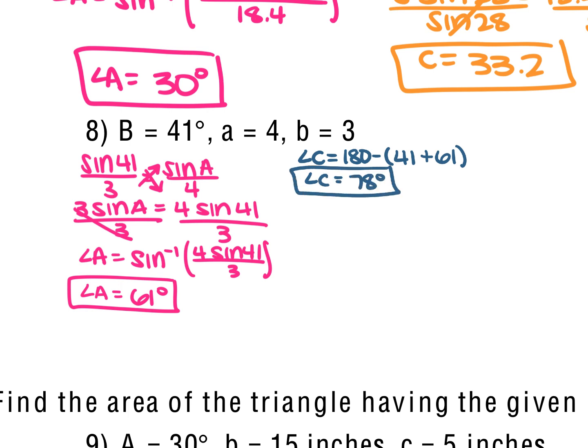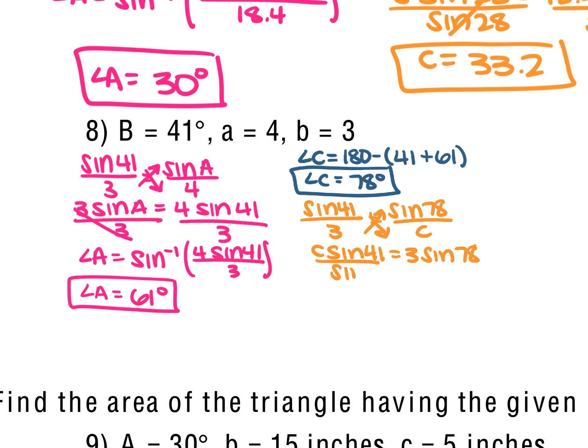And then we find side C by doing sine 41 over 3 is equal to sine 78 over C. Cross multiply, that gives us C times sine 41 is equal to 3 times sine 78.